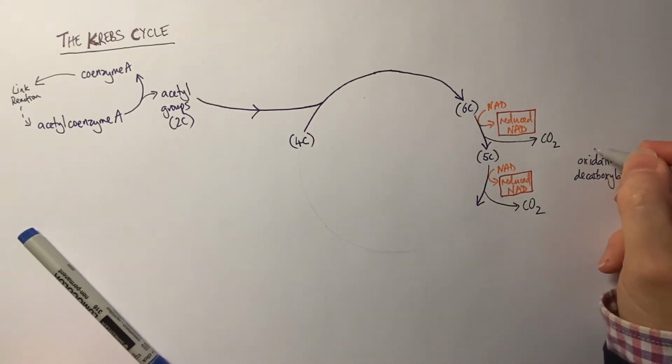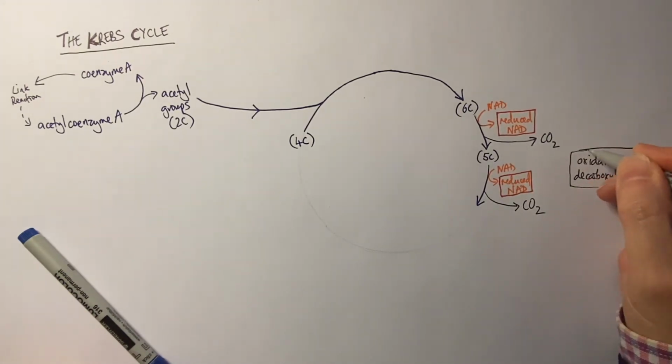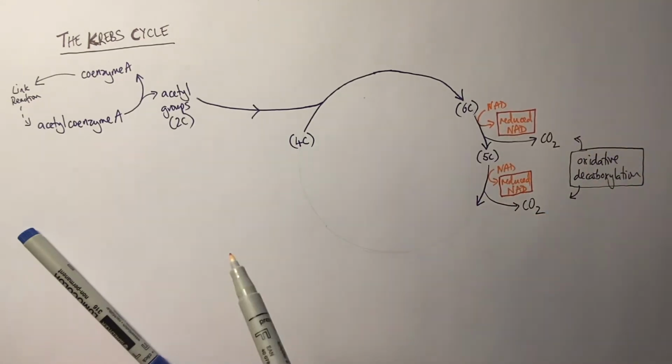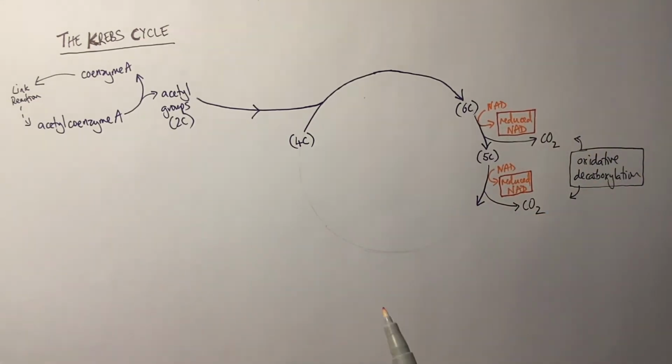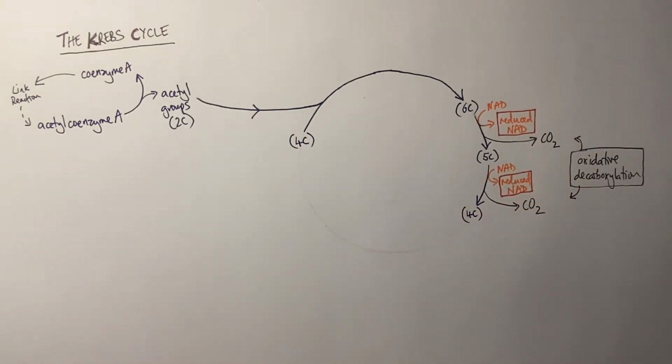So what that means is oxidative decarboxylation occurs twice. And the result, of course, is that we will have a 4-carbon compound produced there.